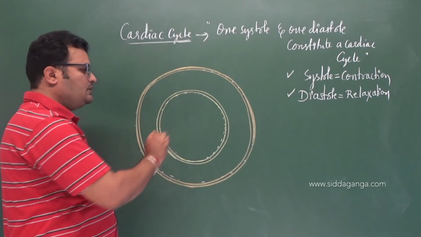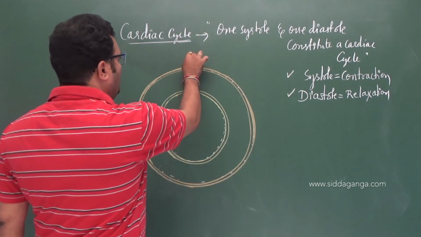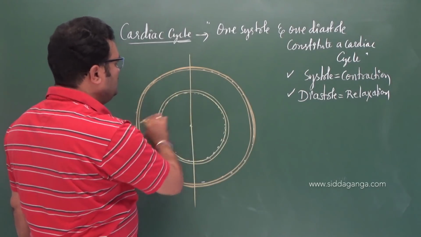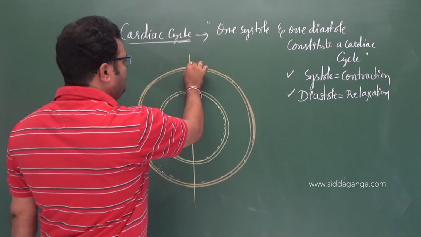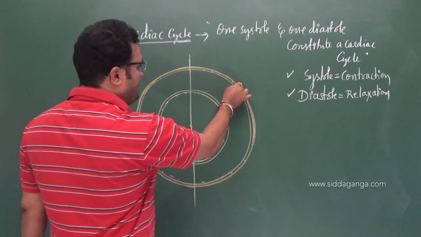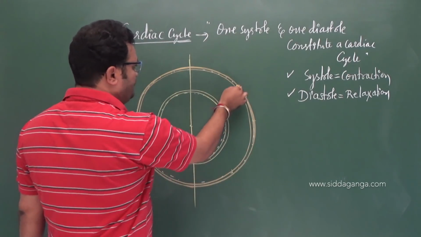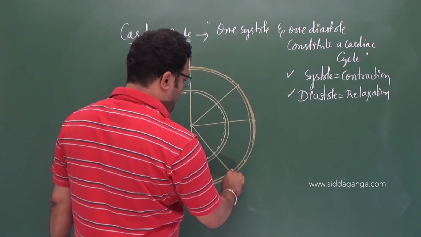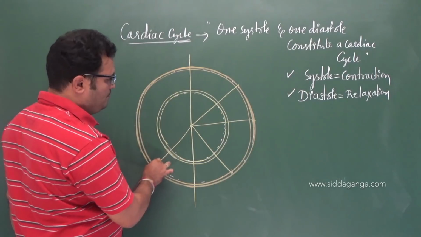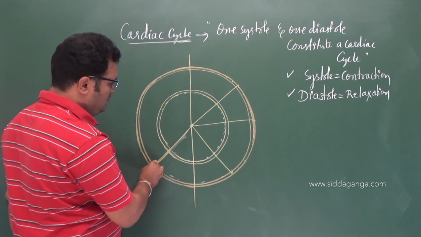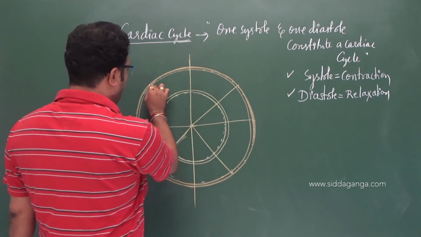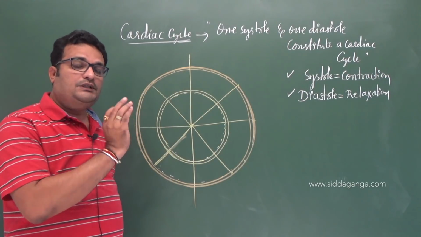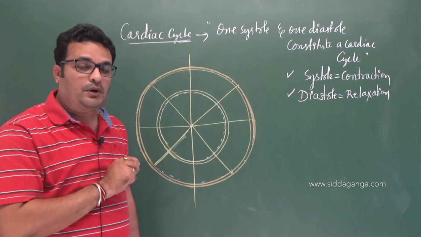Yes, consider this one is 1 cardiac cycle, I am going to write. Okay, total 0.8 second, how the chambers will contract within the 0.8 seconds, right?